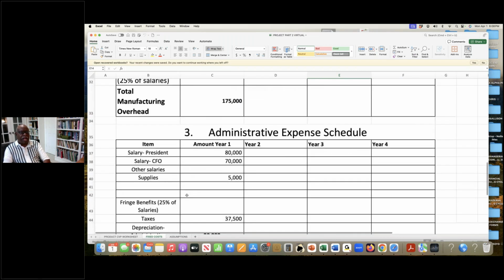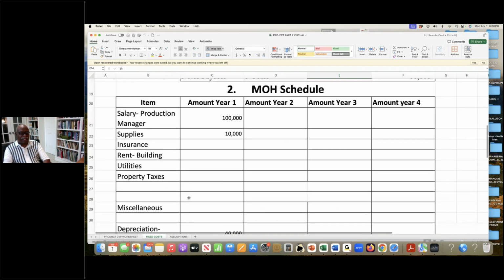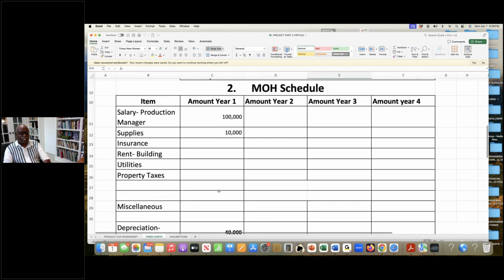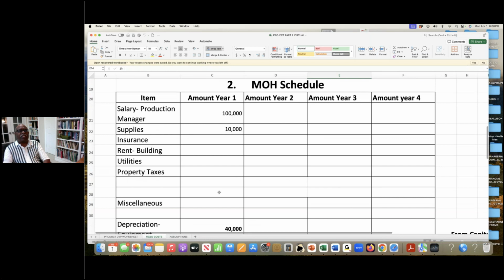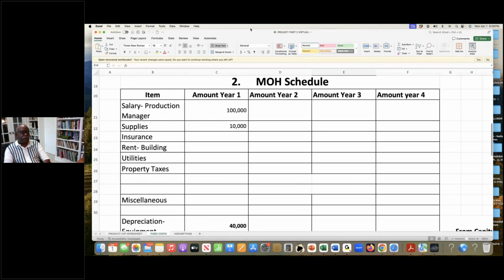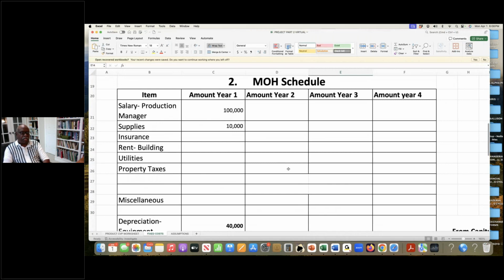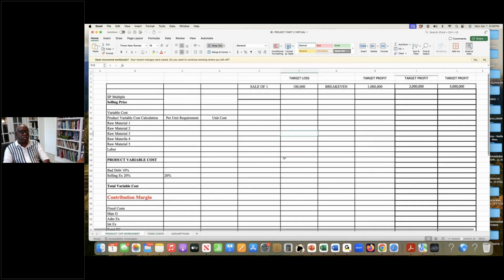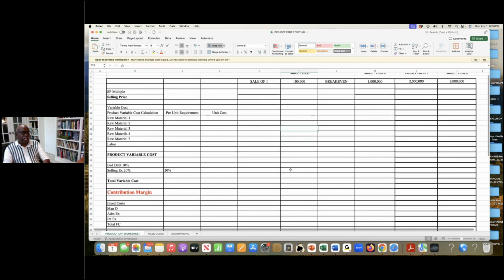So, real quick, where's this worksheet? Is it in project two? In project part two, you got the CBP worksheet. That's part one. That's sheet one.